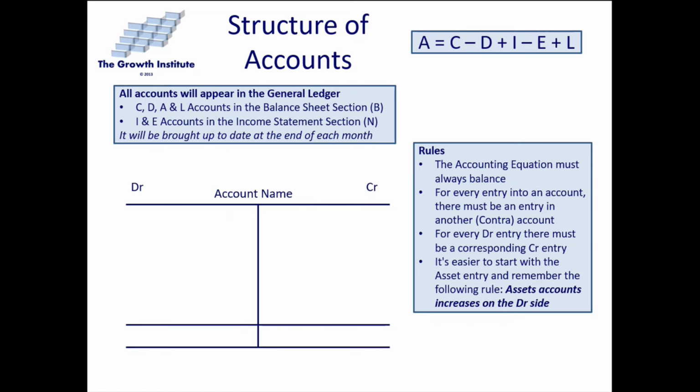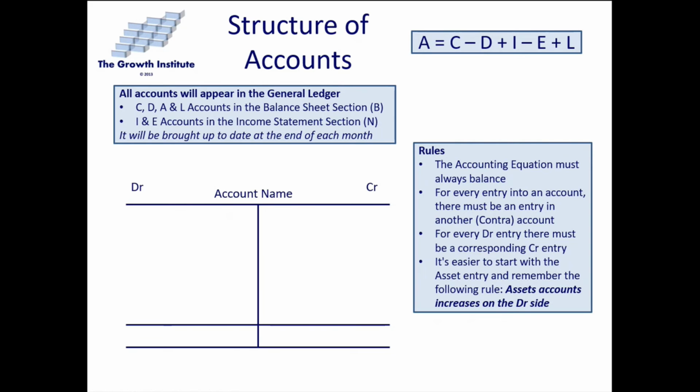And this is how the T account or the ledger account works. It has a T there, as you can see. It just means that it's got two sides, but it looks like a T. On the left-hand side is the debit side of the account, and on the right-hand side is the credit side of the account.